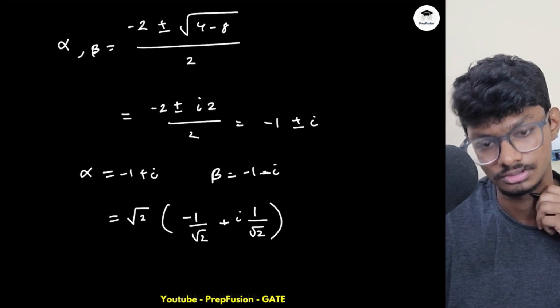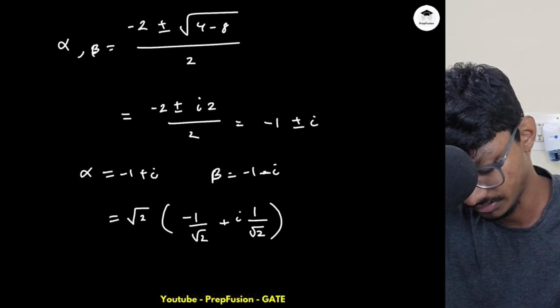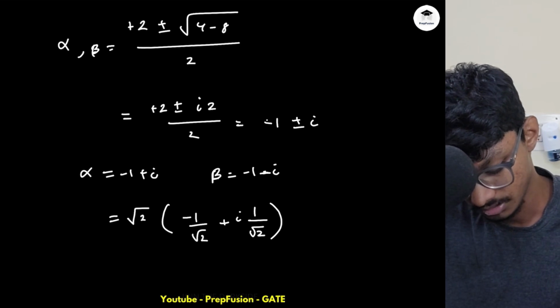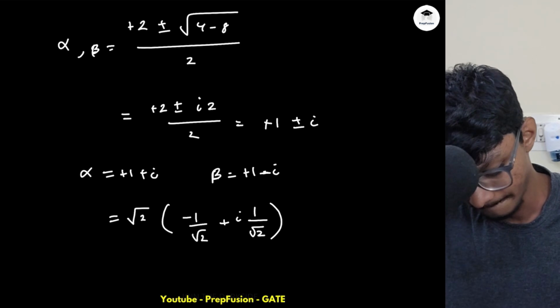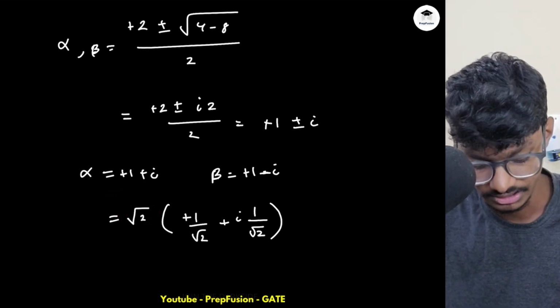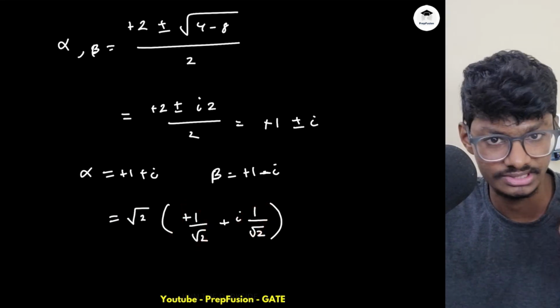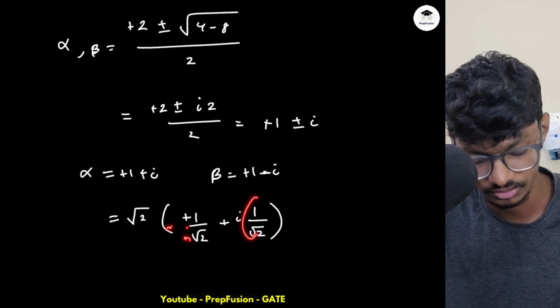Okay, sorry, this was actually plus. This must be some mistake that I am making. This will be plus and this will be plus. Okay, now it is fine. So this is simple, right? What is the magnitude? Root 2. So I take the modulus common, and whatever remains will be the theta. So cos of theta is 1 by root 2, so theta equals 45 degrees, and this also satisfies that.